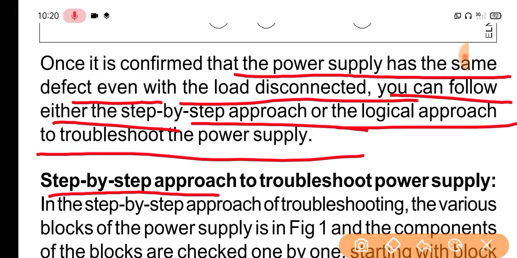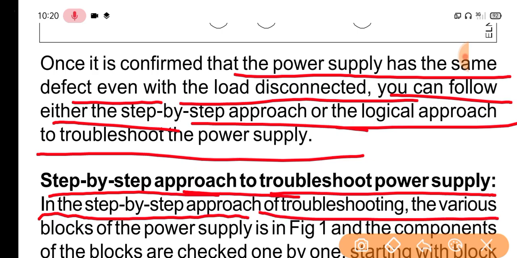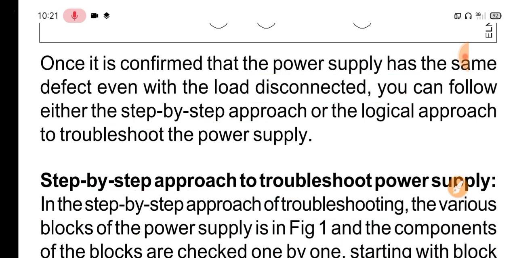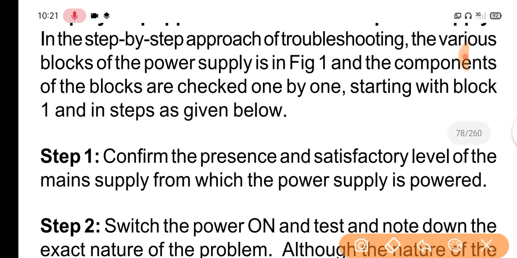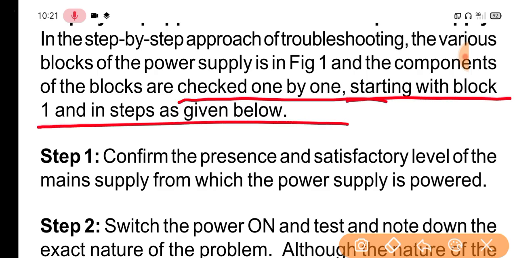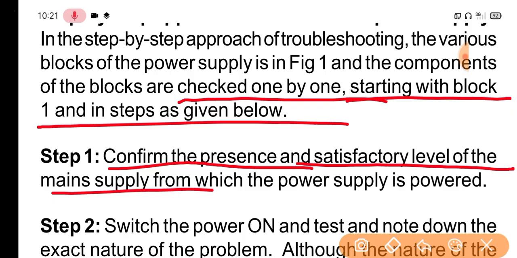Step-by-step approach to troubleshoot power supply. In the step-by-step approach of troubleshooting, the various blocks of the power supply are as in picture 1, and the components of the blocks are checked one by one, starting with block 1 and step as given below. Step 1. Confirm the presence and satisfactory level of the mains supply from which the power supply is powered.